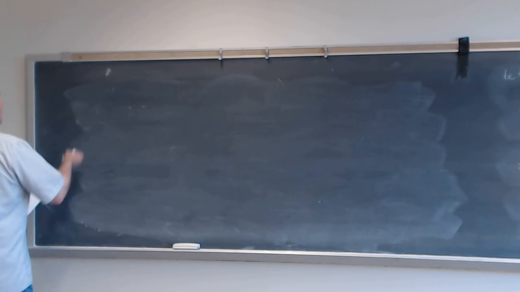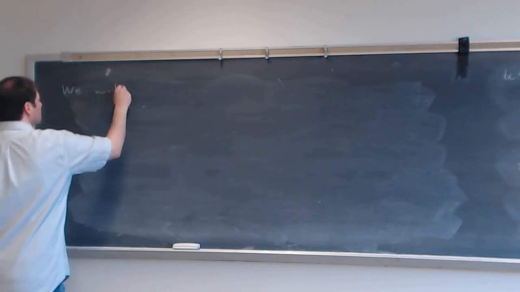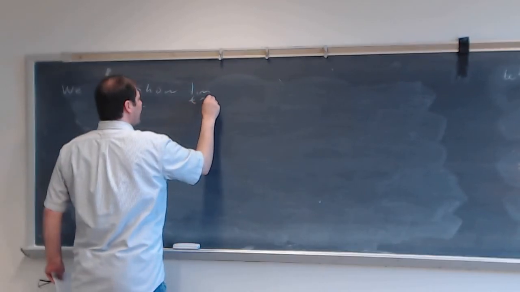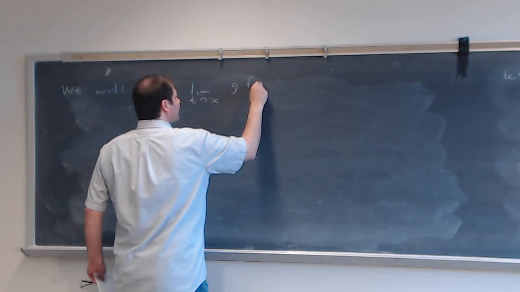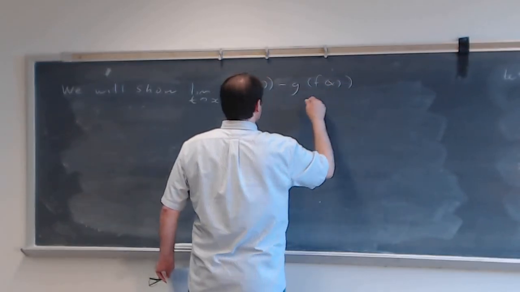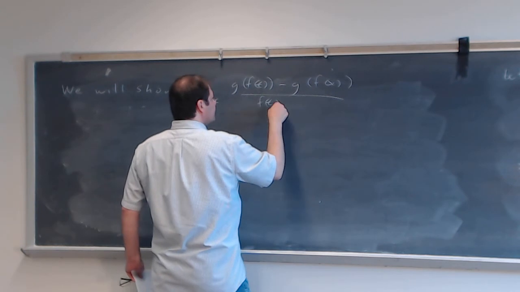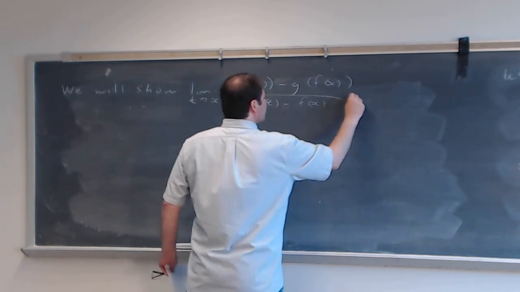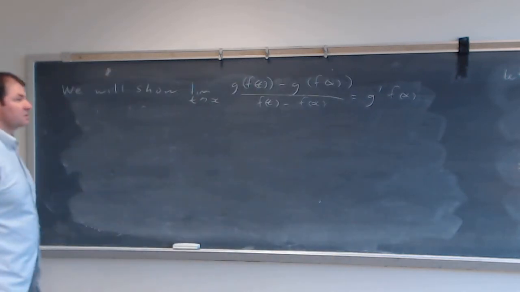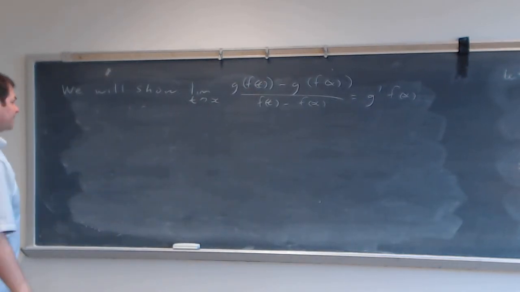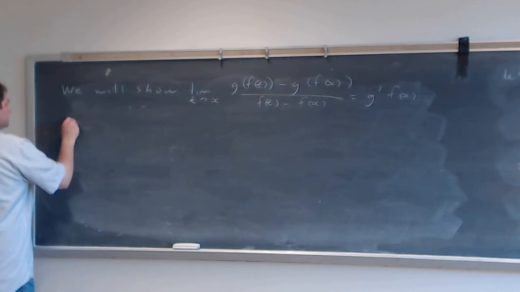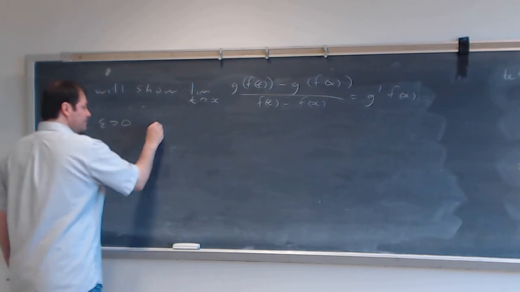Let me write that down. We will show that the limit as t goes to x of g of f of t minus g of f of x all over f of t minus f of x equals g prime evaluated at f of x. And the way we'll do that is using the definition of the limit of a function. So we'll let epsilon be greater than 0 be given.